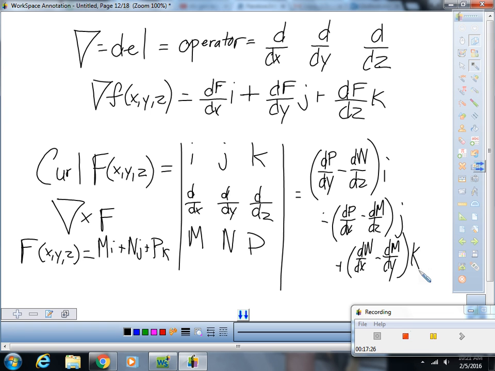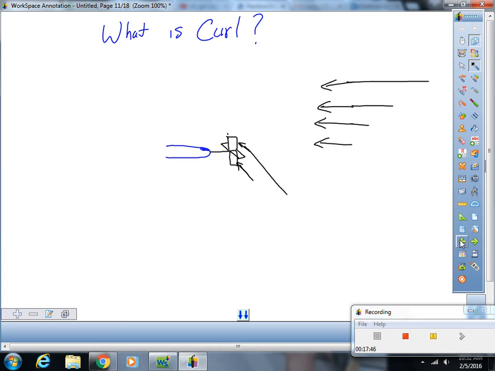So what does curl give you? It gives you a vector at a point. Okay? And curl changes at different parts of the field. So if we could apply curl to our original explanation, what curl is measuring is the rate of change of our forces at a given point.